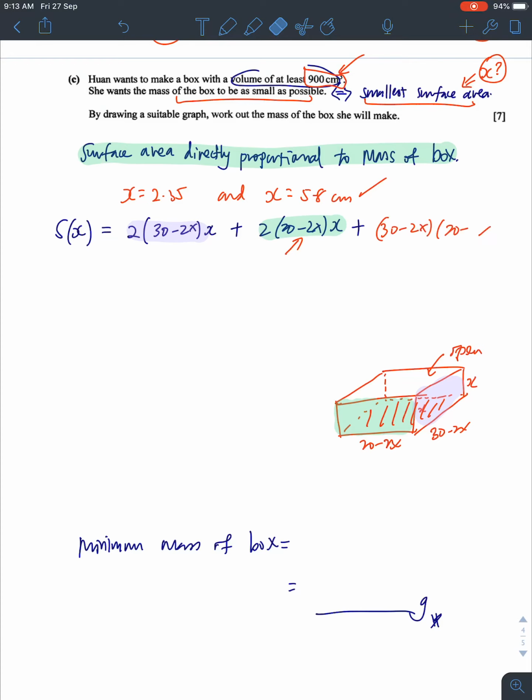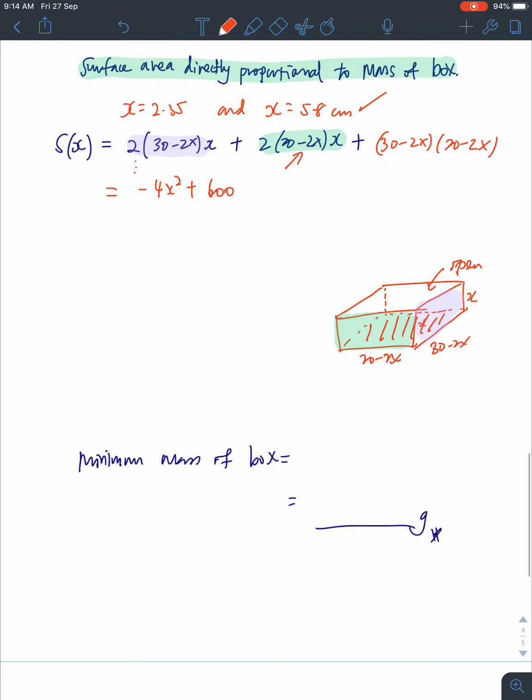So this should be our answer. If you were to simplify this expression, we would get minus 4x squared plus 600. They are intermediate steps, expansion and simplification. I want you to do it by yourself carefully.